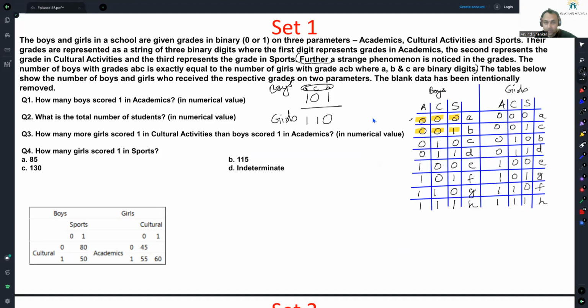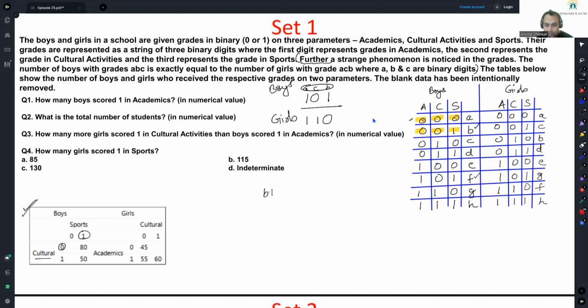Next, we are told the tables below show the number of boys and girls who received the respective grades in two parameters. The blank data has been intentionally removed. This is the table being referenced. For boys, we've been told the boys who got 0 in cultural and 1 in sports would be this person D and this person F. D and F, these are the boys being referred to.